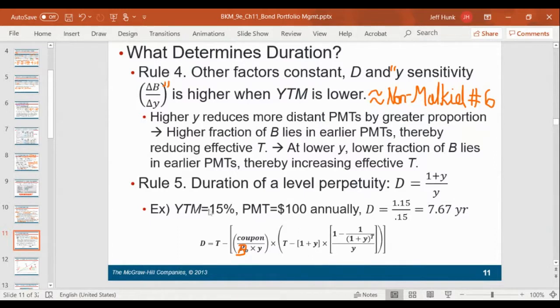Then a higher fraction of the bond price lies in earlier payments, relative to distant future coupons, thereby reducing effective T. What is effective T? Effective maturity. That's another name for duration, right?